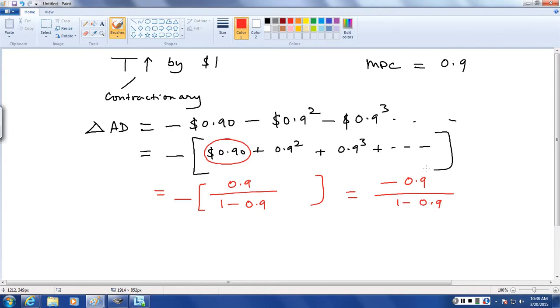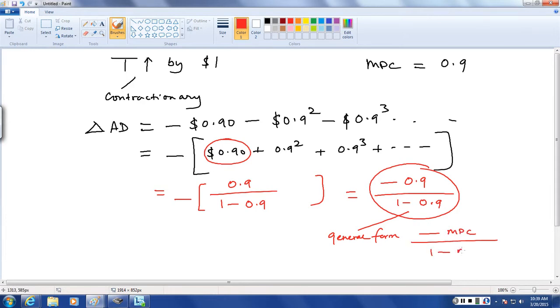And what is the general form for this? The general form for this is negative MPC divided by 1 minus the MPC. Right?